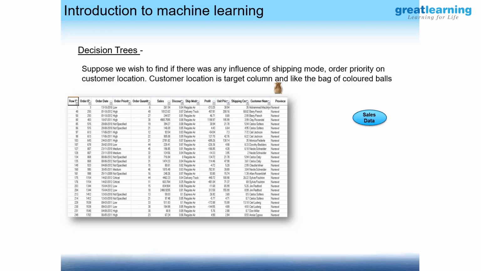So in the last column, you have values like Besant Nagar, Adyar, and other localities. Now the objective is to find out, looking at the other attributes, can I guess where my customer is located?